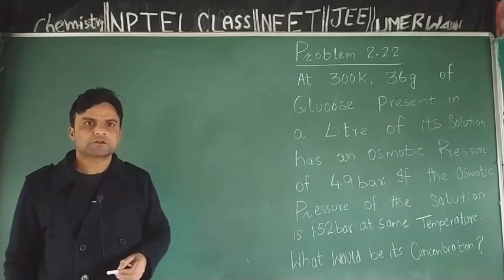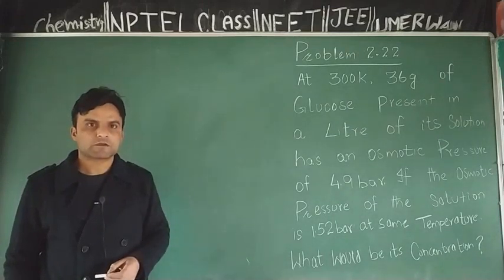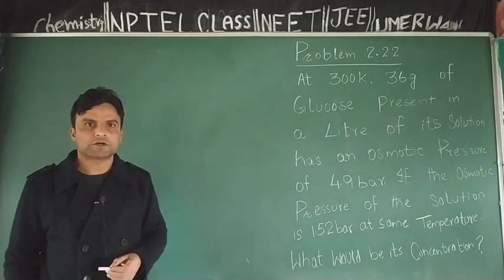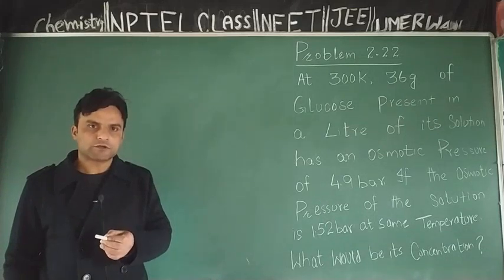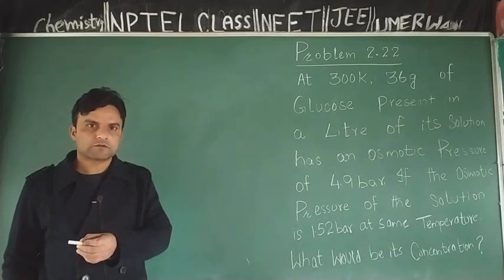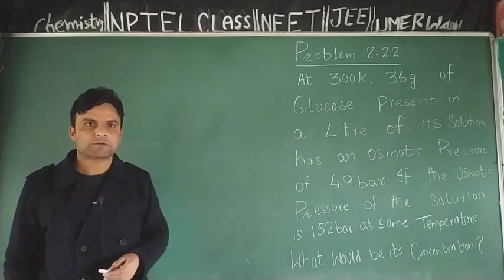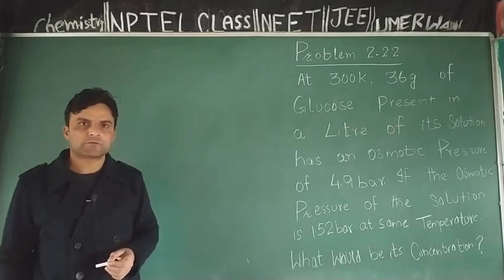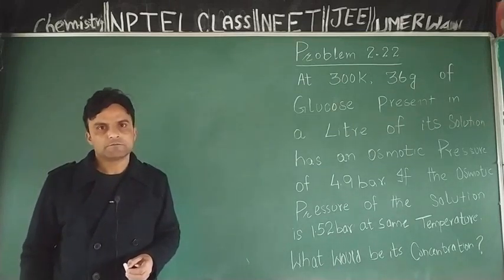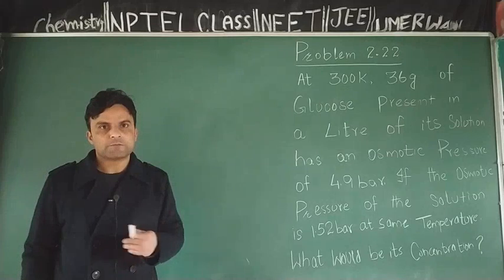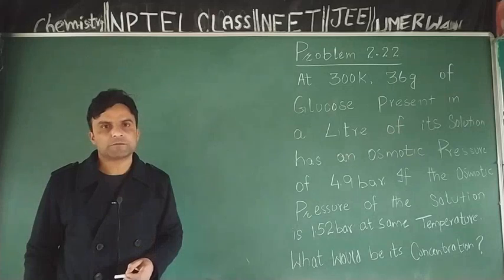And because of this difference in vapor pressure, there is movement of solvent molecules from pure solvent side, dilute side, to solution side, that is concentrated side, through this semi-permeable membrane. And this movement continues until pressure balance is achieved on either side of semi-permeable membrane.